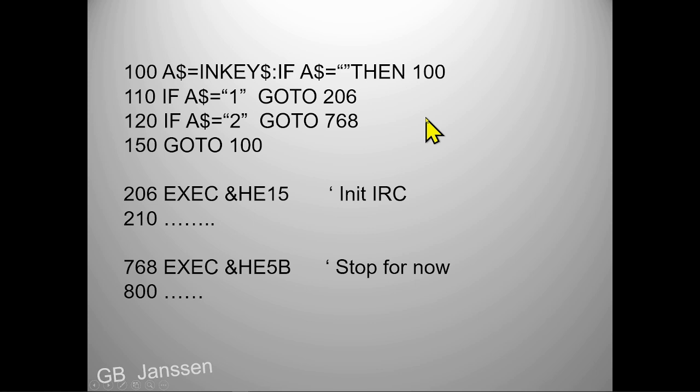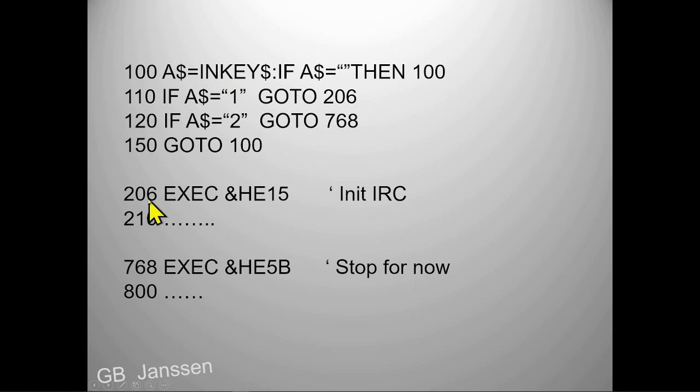Well, look at our BASIC program here. It's just some snippets I put in here. The first line is waiting to read a key from the keyboard. If not, just keep looping. To get a 1, we're going to go down here to 206. To 2, we'll go down here to 768. If not, we'll loop back, just keep looking for a 1 or 2. Not very fancy, this is just for an example.